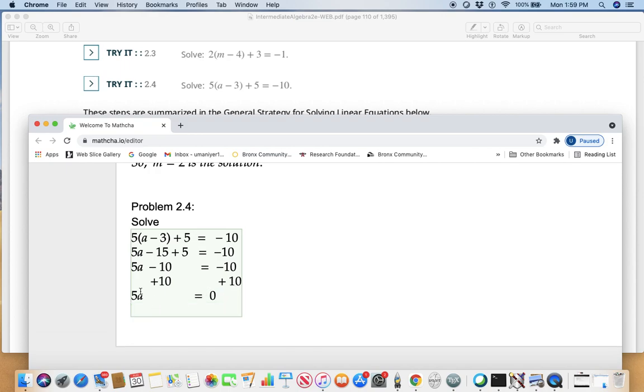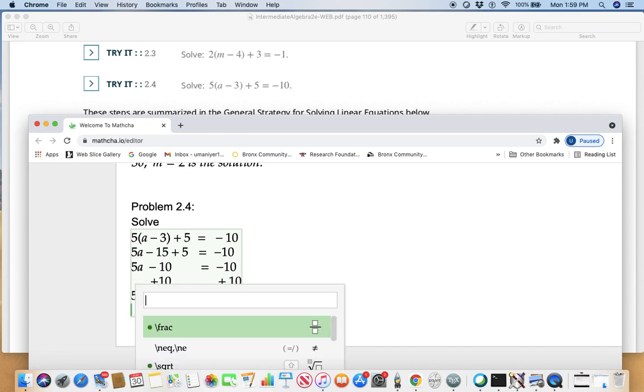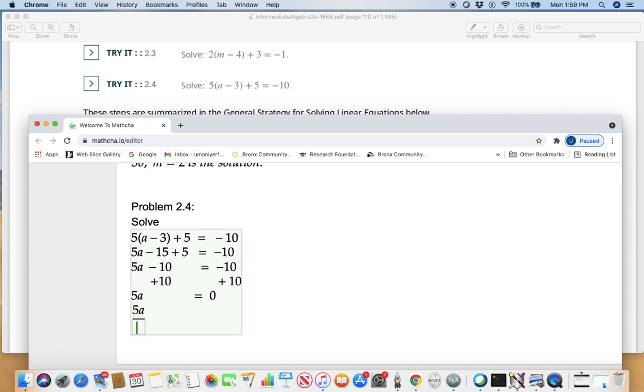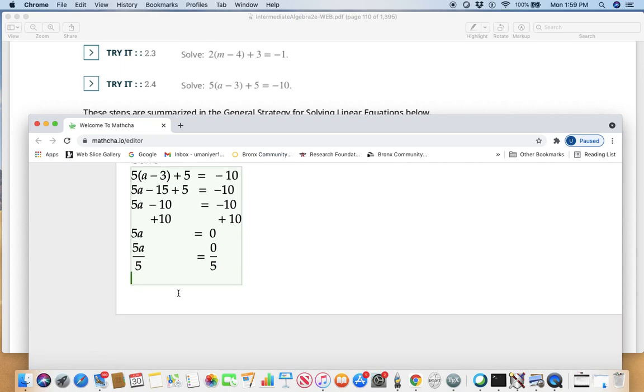Now I want to solve for a. 5 is multiplying a, so let's divide by 5. I'm dividing the left hand side by 5, so I need to divide the right hand side by 5 as well. 5's cancel, a equals 0 divided by 5, which is simply 0.